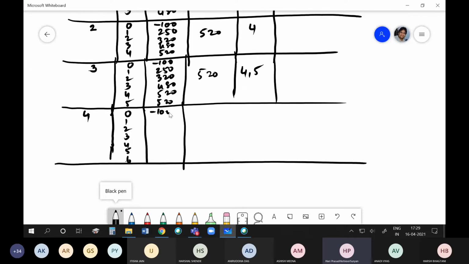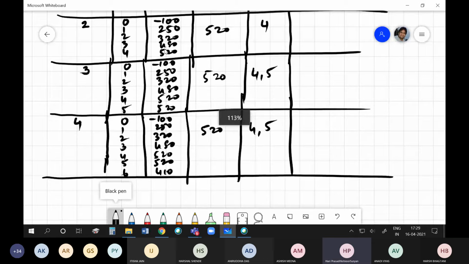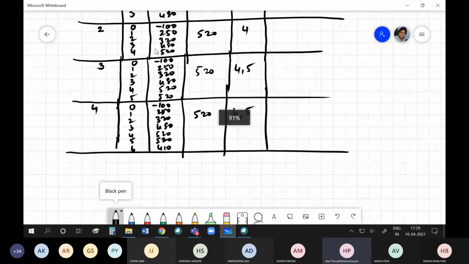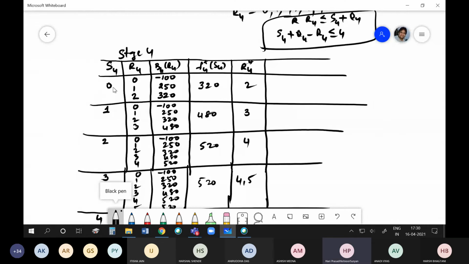This is again minus 100, 250, 320, 480, 520, 520, then 410. So what should I do? 520. So this completes the first stage, that means stage 4.